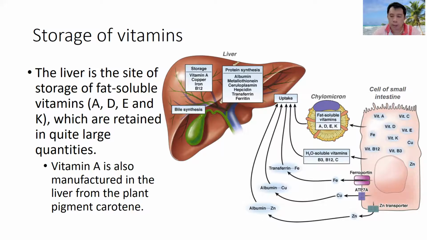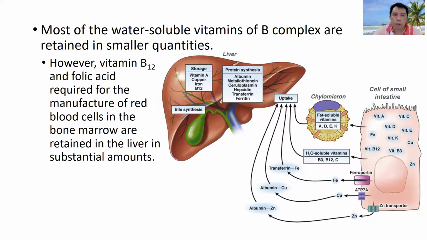Another role of the liver is storage of vitamins. The liver is the site of storage of fat-soluble vitamins A, D, E, K, which are retained in quite large quantities. Vitamin A is also manufactured in the liver from the plant pigment carotene.